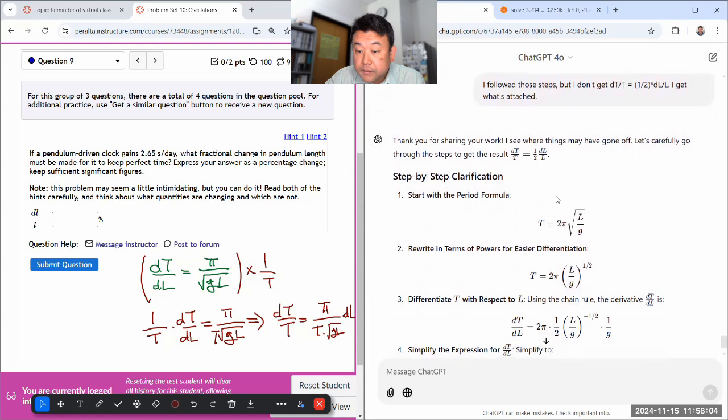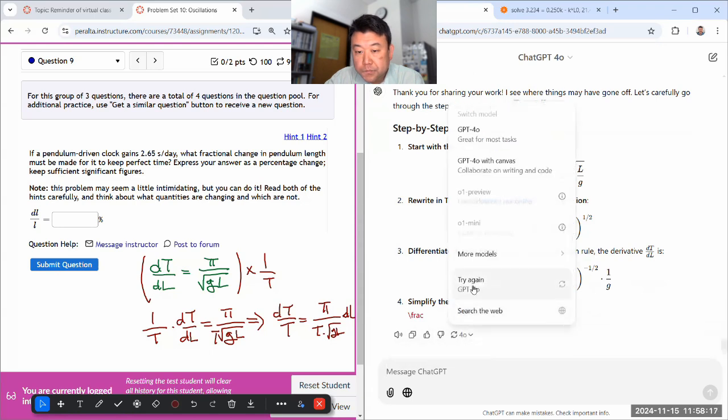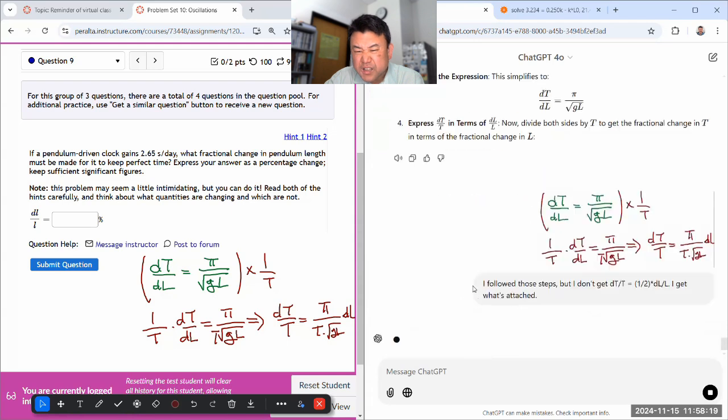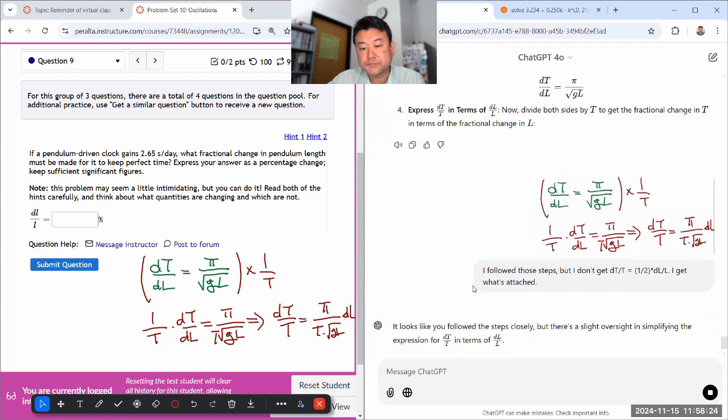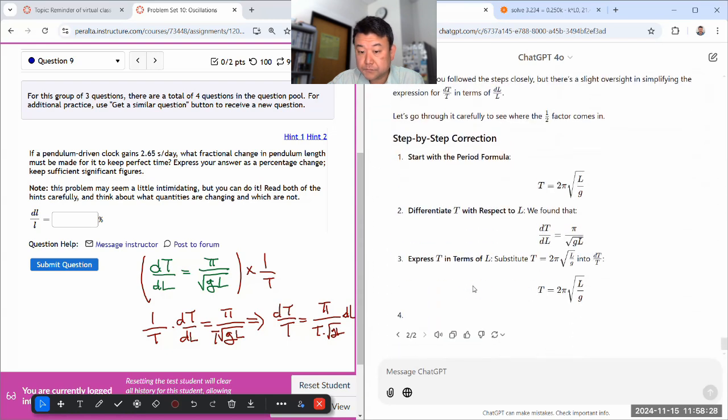Yeah, I did that. Oh wait. Oh, parse error. Try again. Oh, keeps getting stuck.